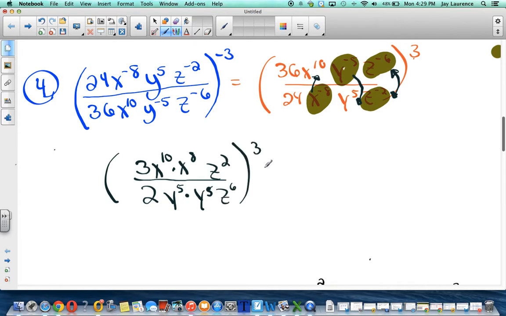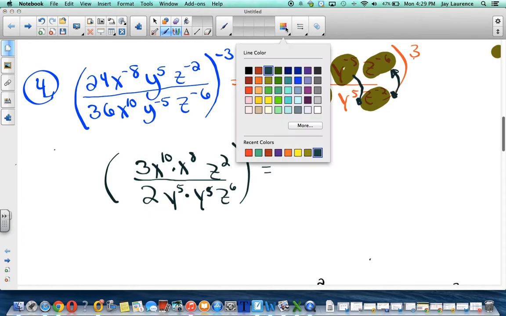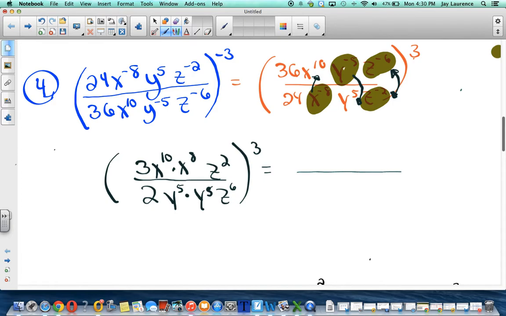And that'll be to the third power. Now I'm going to simplify it as much as possible. And so I'm going to get a 3x to the 18th over a 2y to the 10th with a z to the 4th in the denominator as well. Now I need to cube everything and I'll be done.